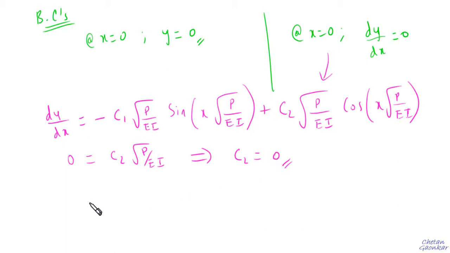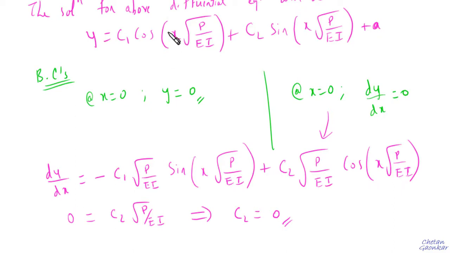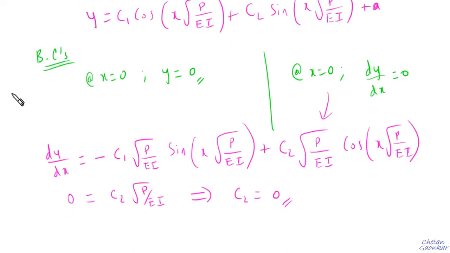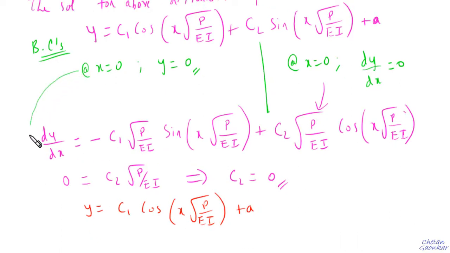Since C2 is 0, I can rewrite the solution: y will be equal to C1 cos of x multiplied by root of P divided by EI, plus a. At this stage, we take the help of the boundary condition that y is 0 at x equal to 0.